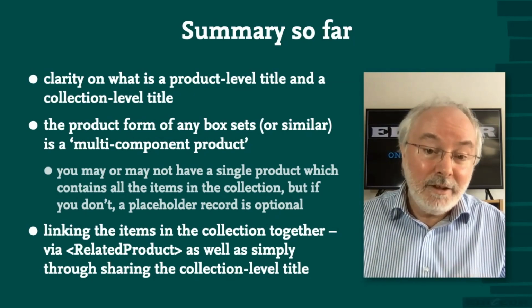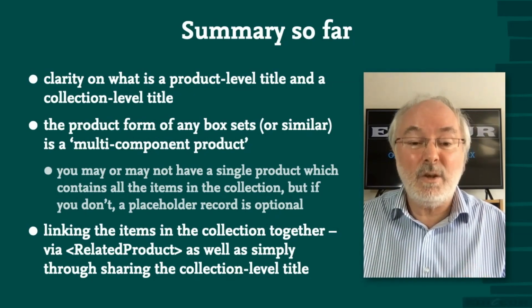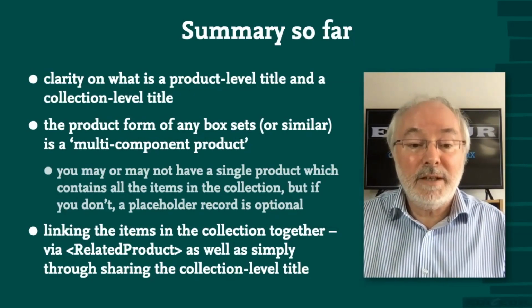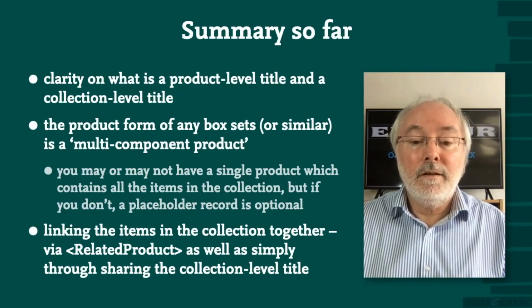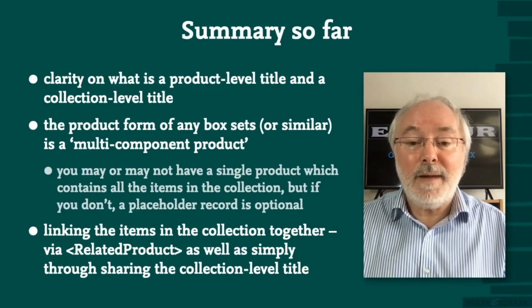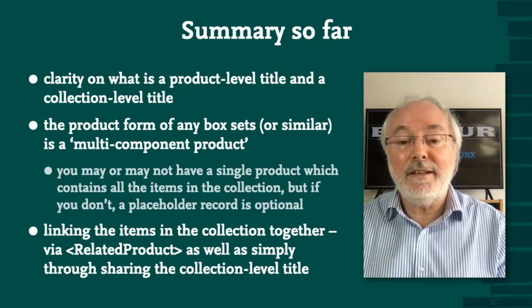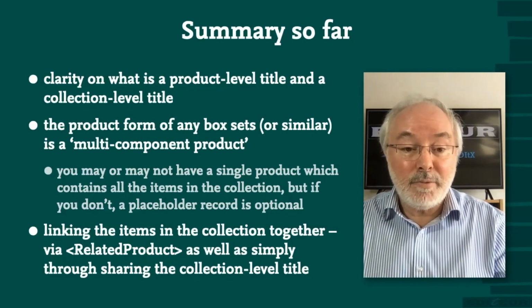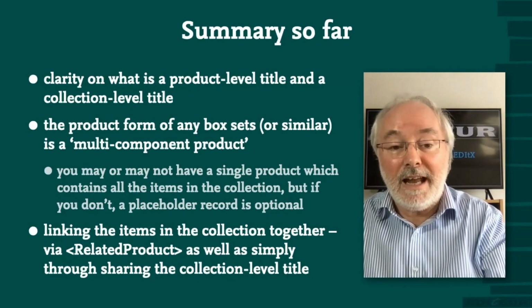And note that there may not be a collection as a whole product at all, but you can optionally have a not for sale placeholder record. Third, we can use various methods to link the items in the collection together. The collection title itself, related products, and maybe even a collection identifier.